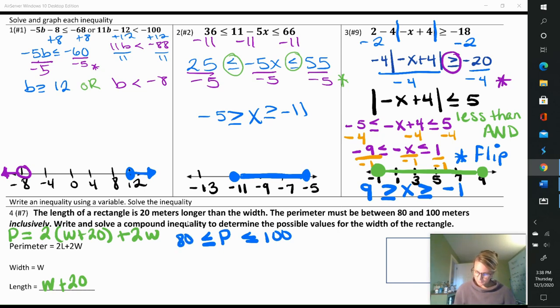Whenever you see that word between, that's going to mean an and compound inequality. So now we have our expression for P, this expression in green here, and we put P in the middle of our compound inequality. So now we want to substitute the P in the compound inequality with the expression that we've made for the perimeter.